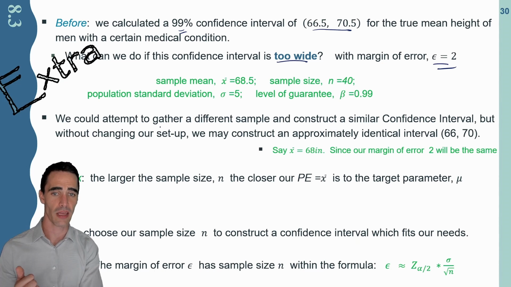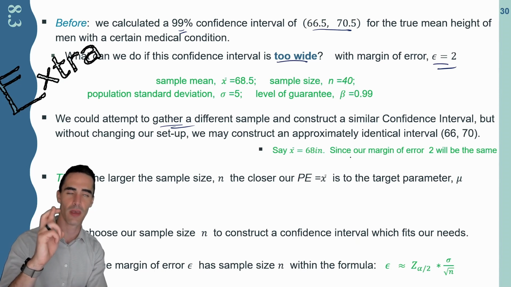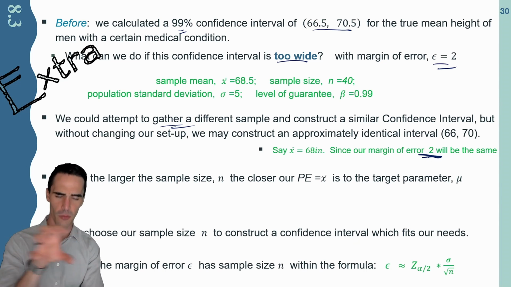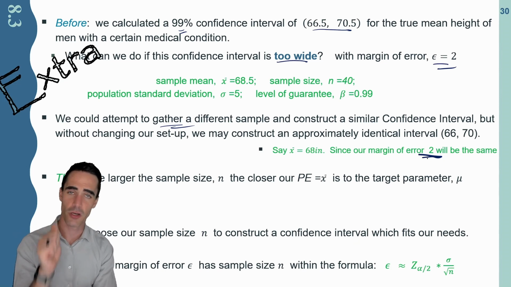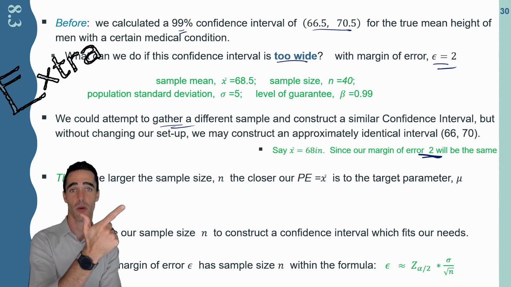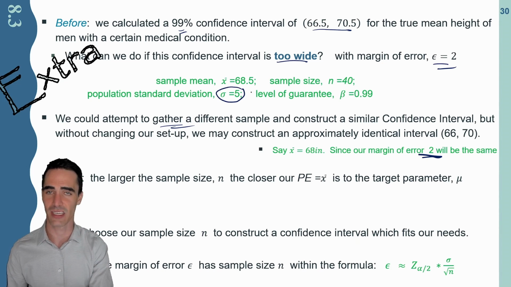There's a couple different things you could do. You could say, well, hey, why don't I just gather a different sample? And then fingers crossed, you get a value you like. The problem with that, the margin of error will stay the exact same no matter what sample you pick, because the margin of error is only based on the normal distribution, how confident you want to be, and also how wild your group is, which if we're using population standard deviation isn't going to change.